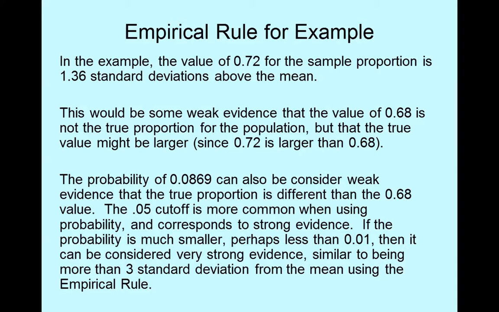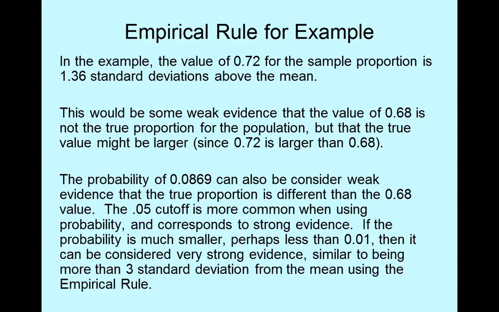So in our example, the value of 0.72 was our sample proportion value, and its z-score was 1.36, so a little more than 1 standard deviation above the mean. So this would be in that 1 to 2 standard deviations above the mean range. So it would provide weak evidence that the value of 0.68, what we defined as our center or our mean of the sampling distribution, is not quite the correct value.